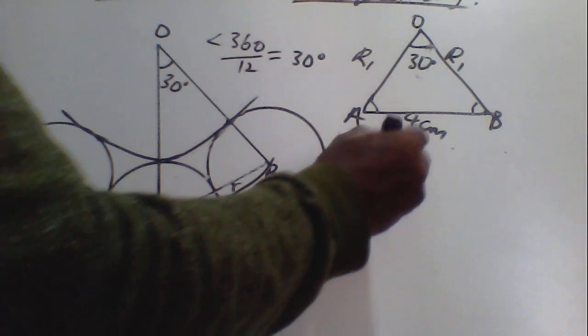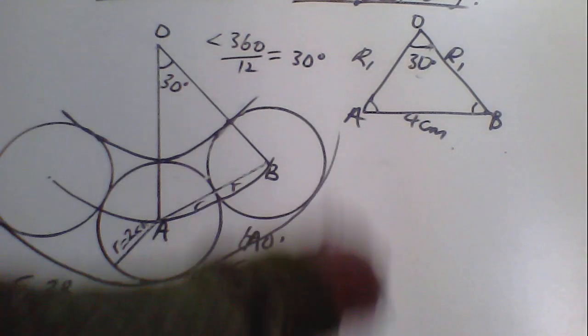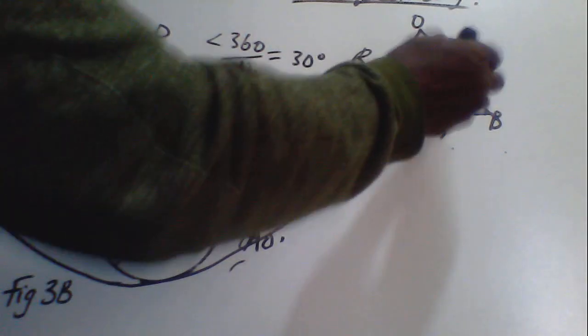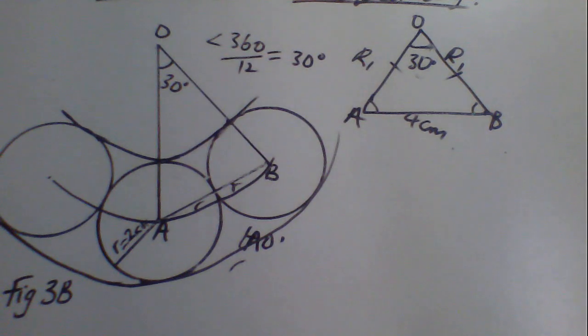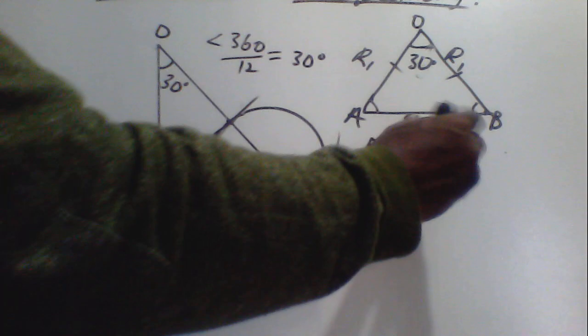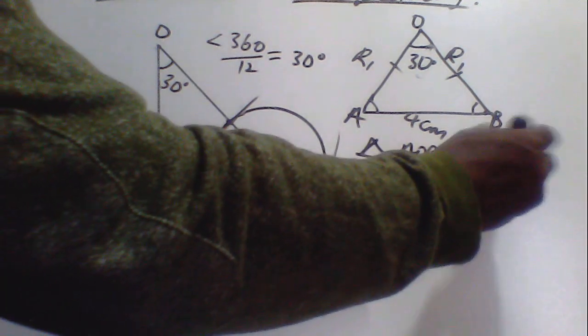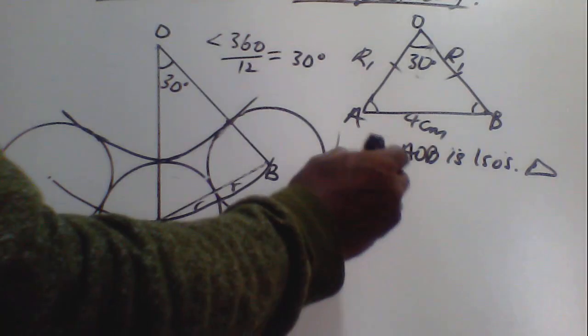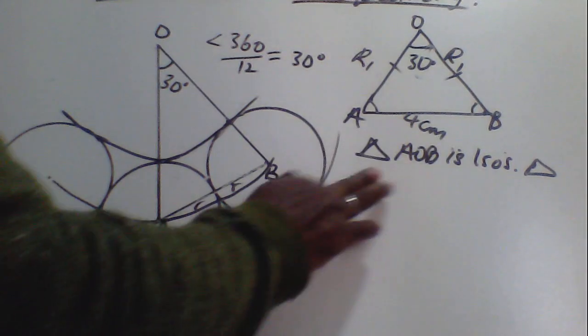We can find this angle because, you see, they are equal. This side is equal to this side, and the triangle AOB is isosceles. Triangle AOB is an isosceles triangle, and we know the properties of an isosceles triangle.